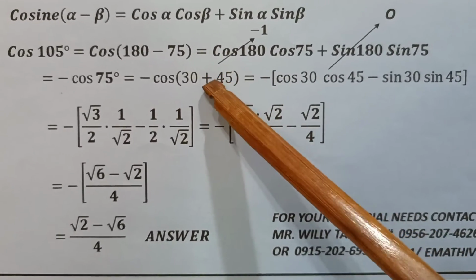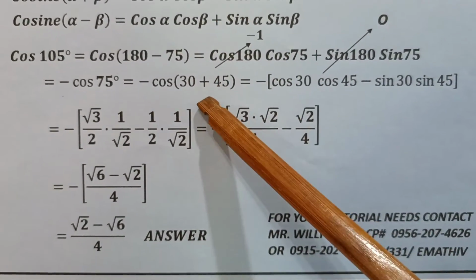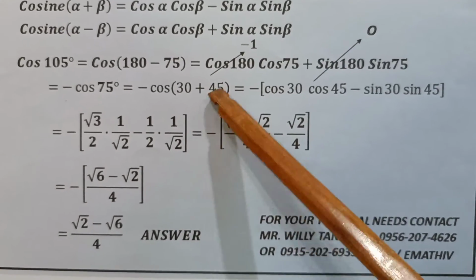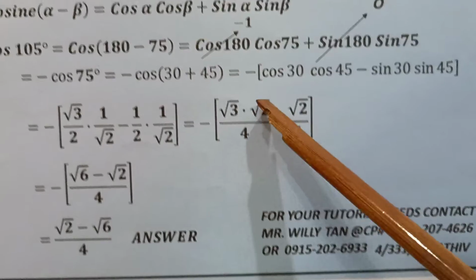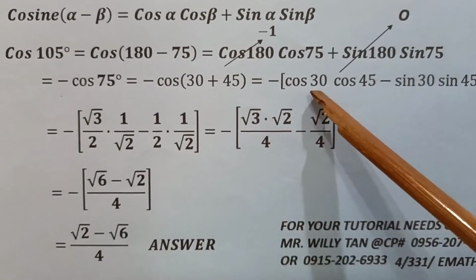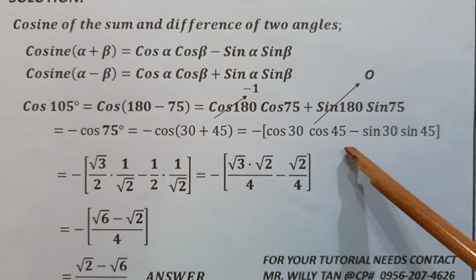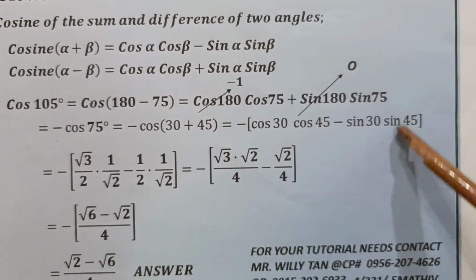So we're going to apply again the sum formula for the cosine of two angles, that is 30 and 45. To expand this, we get negative, cosine 30 cosine 45, minus, using the first formula, sine 30 sine 45.